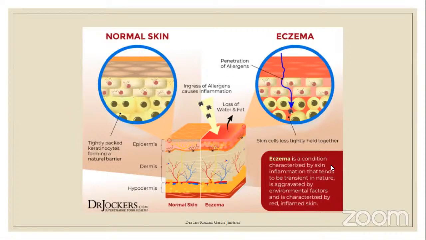Eczema is a condition characterized by a skin inflammation that tends to be transient in nature. It's aggravated by environmental factors and is characterized by red inflamed skin. I think we all had the chance to see an eczema. And well, it is possible to catch the difference in the comparison, right?